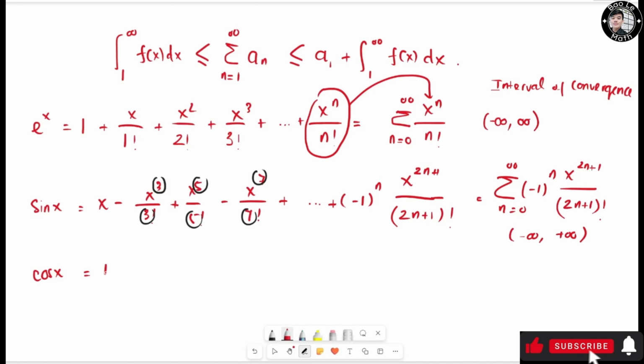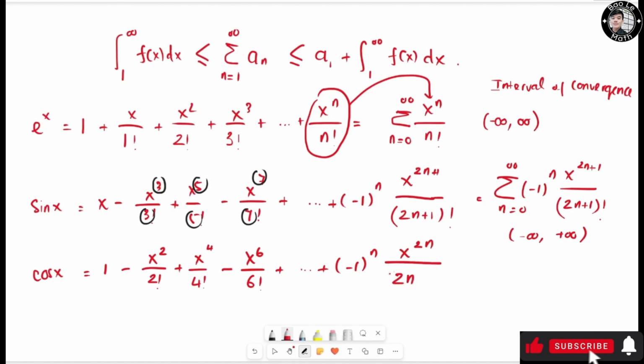Cosine s equals 1 minus s squared over 2 factorial plus s to the 4th over 4 factorial minus s to the 6th over 6 factorial plus etc. plus negative 1 raised to the n times s raised to the 2n over 2n factorial plus etc. It's actually the sum of negative 1 raised to the n s raised to the 2n over 2n factorial when n goes from 0 to infinity.